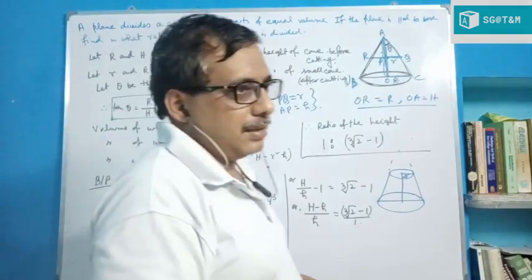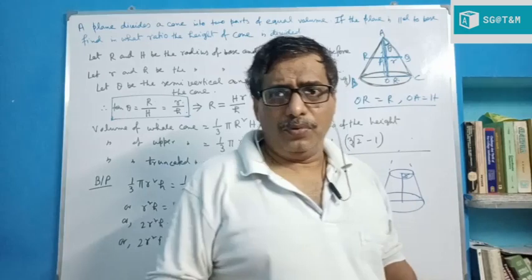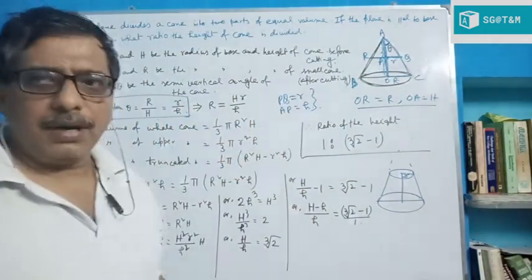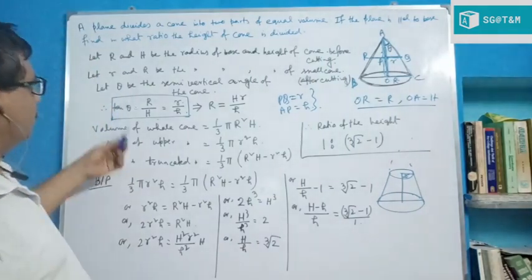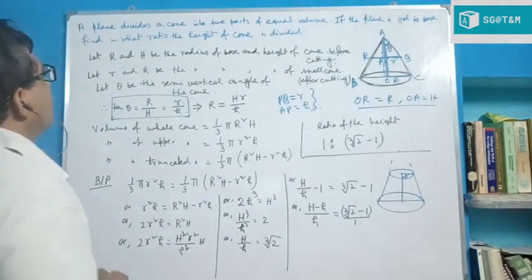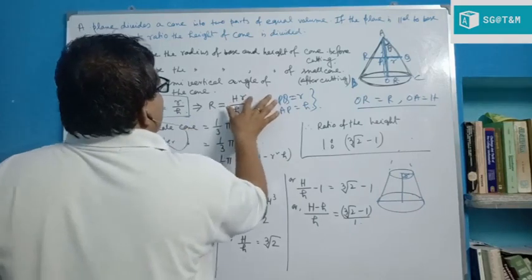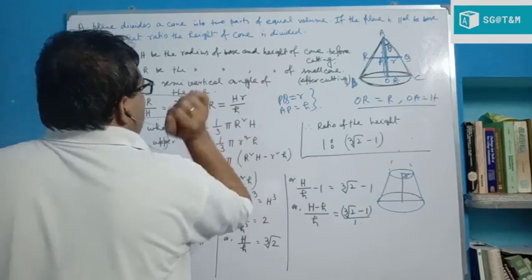Similar triangle is in class 10, but we have not learned it yet, so we use trigonometry here. From this relation we can write capital R is equal to capital H into small r by small h. No problem at all.